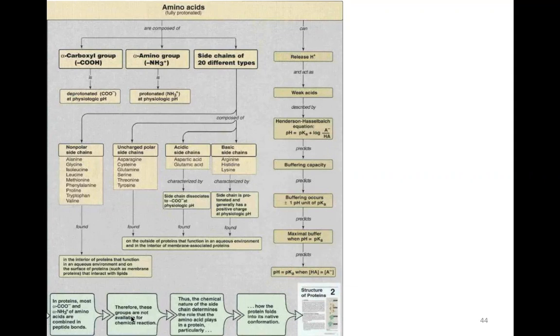Once they are bound together in peptide bonds, they will not be available for chemical reaction. And thus the chemical nature of the side chain will now determine the role that the amino acid will play in a protein in particular. And we said the side chain determines the function or the properties of the amino acid, how the protein folds into its nature, and its conformation is as a result of the net charge of the R group on the amino acid.